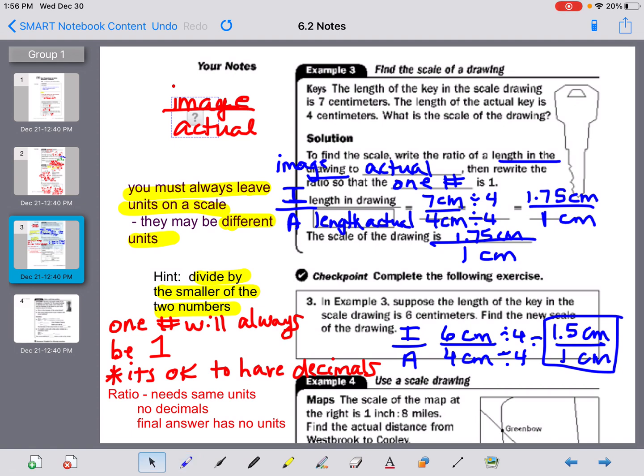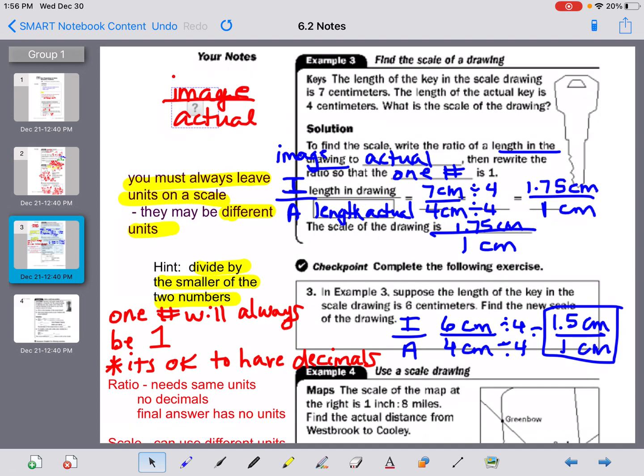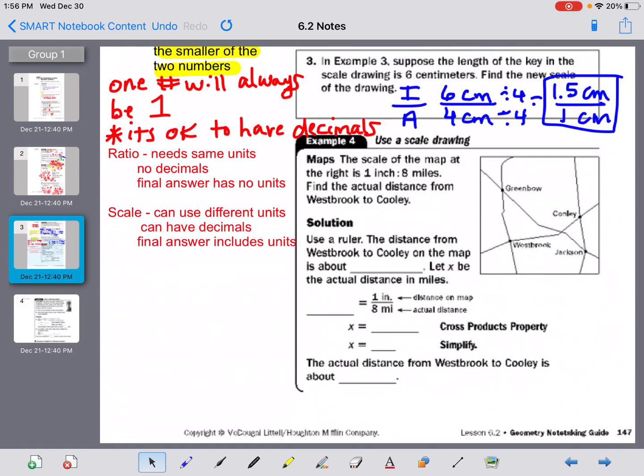Okay. So what I'm doing today is different than what I did in 6.1. So the ratio, kind of comparing here. Ratio needs the same units, no decimals, final answer has no units. So on that one we reduce, right? No decimals, and all we do is reduce to lowest terms. Okay, on the scale, it's okay to have different units.